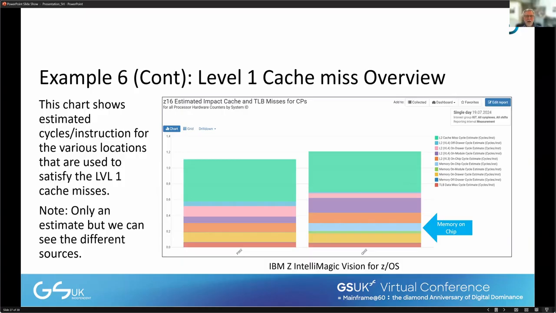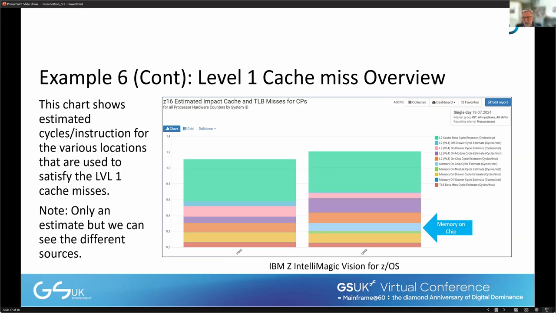When we look at level 1 cache misses, again, now we're back to the 113 records. We can see these two LPARs again, the large LPAR P002, which was running efficiently with its processor definitions, and the Q002, which had its peaks. And we can see in that light blue category that some of those cache misses were sourced from the memory on the module, for example.